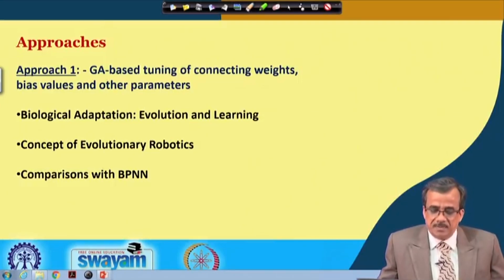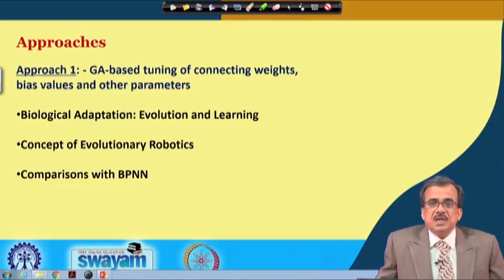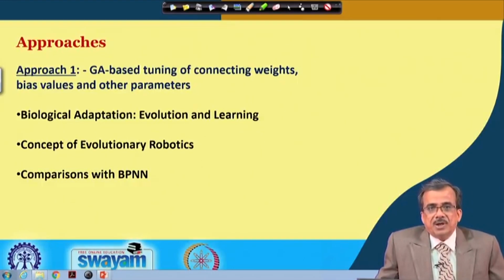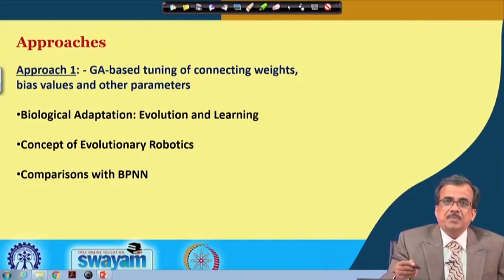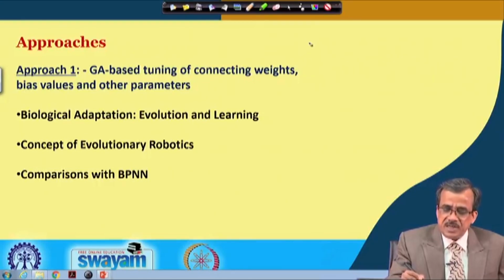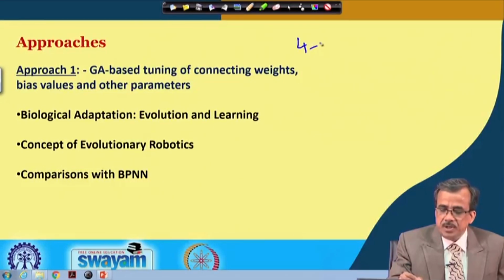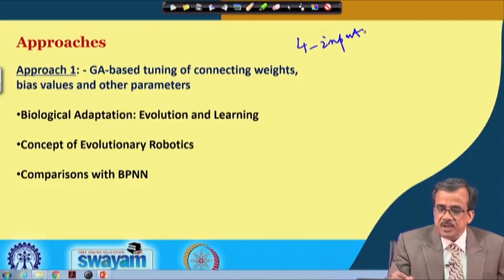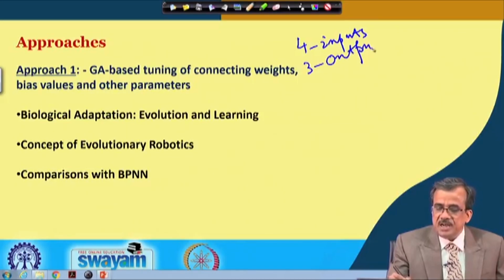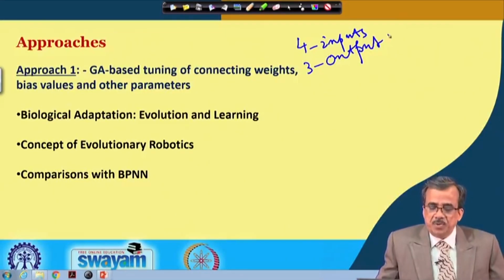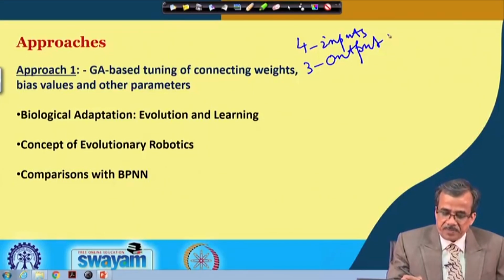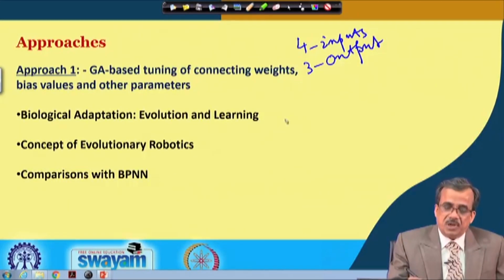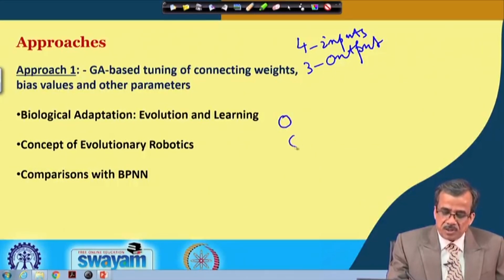Now, supposing that I am going to use a multi-layered feed forward network to model the input output relationship of a process, and let me take a very simple example. Supposing that the process is having say 4 inputs, and there are say 3 outputs of this particular process, and I want to model its input output relationship with the help of one multi-layered feed forward network. Now, if I concentrate on the input layer, there will be 4 neurons.